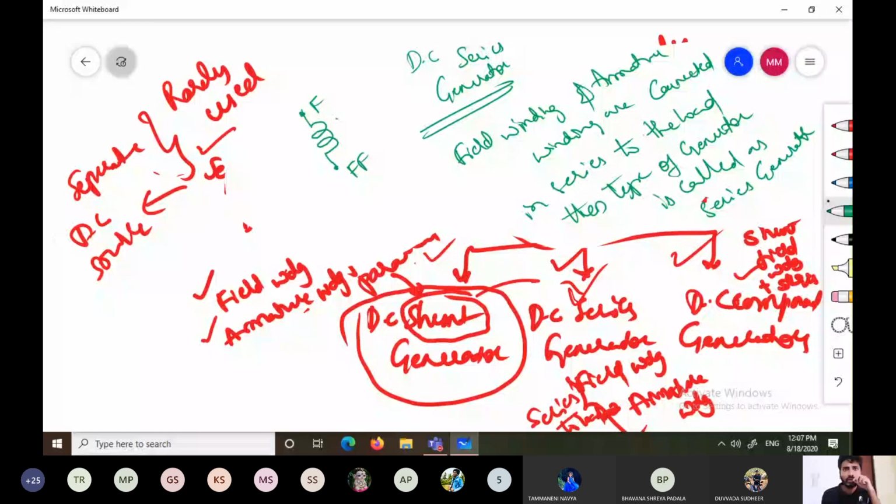RSC is the resistance of the series field winding. Usually the armature is represented like this. This is the armature, and it also has terminals called A and AA. If these two are connected in series to the load.